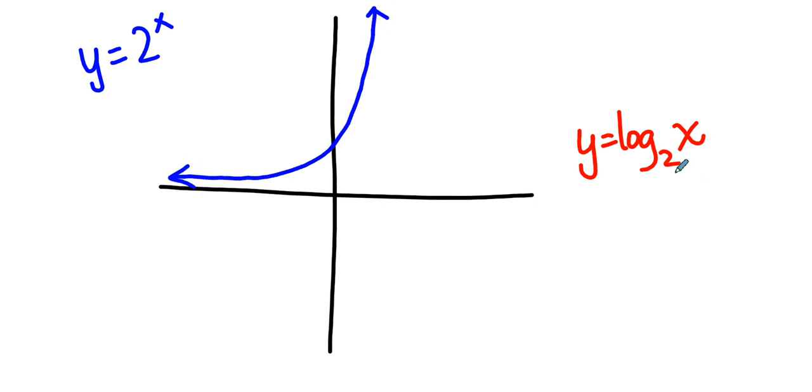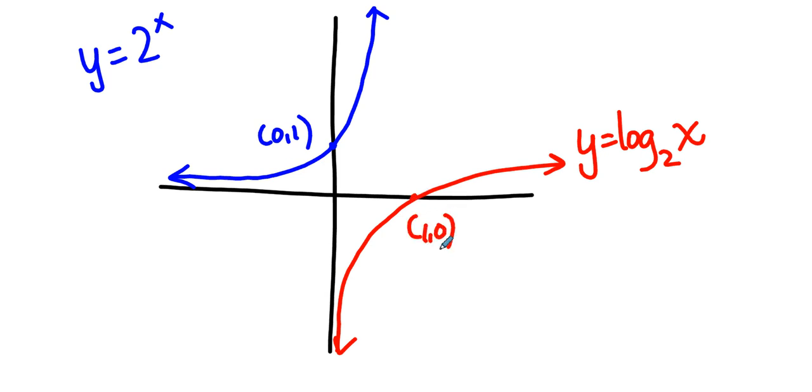Y equals log of x base 2 looks like this, because of the relationship between the exponents and the logs. The point 0, 1 is on the exponential graph. The point 1, 0 is on the logarithmic graph. The point 2, 4 is on the exponential graph. The point 4, 2 is on the logarithmic graph.